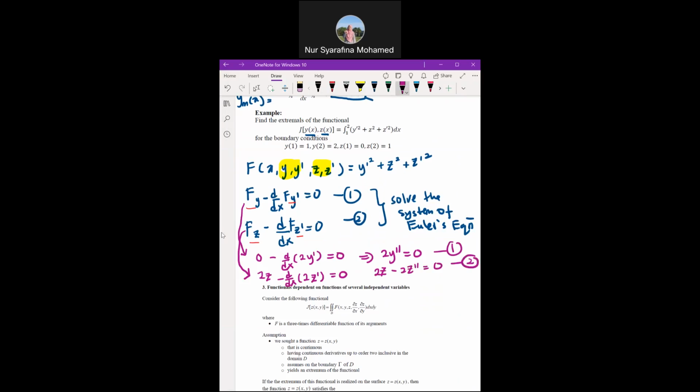You need to solve these two equations one by one and find your extremal in terms of y(x) and z(x). I hope you can understand this, because we just use the Euler equation, but now we have a system of Euler equations where it depends on each function, y or z.